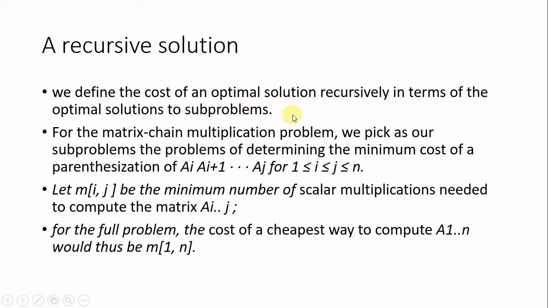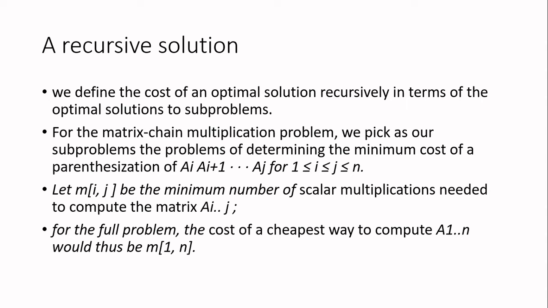For the matrix chain multiplication problem, we pick as our subproblems the problems of determining the minimum cost of a parenthesization of A(i) to A(j) for 1 ≤ i ≤ j ≤ n. Actually the matrix chain multiplication problem is defined for A1 to An, so we are taking a subproblem, and that is A(i) to A(j).